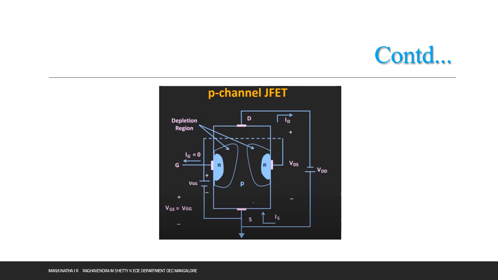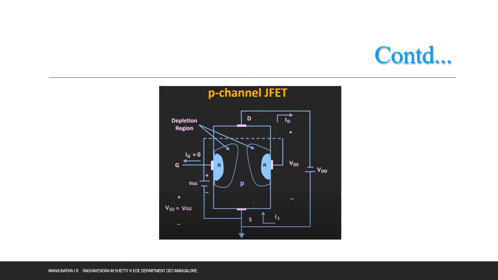From VGG also we should give the voltage in such a way that the PN junction becomes reverse biased. If we observe, from VGG we are giving voltage to the N type region.